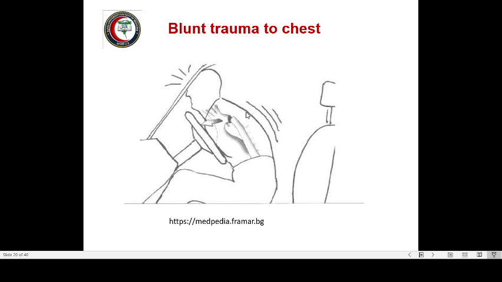When the car stops suddenly by front impact, the body continues to go forwards, and the fixed and mobile parts of the aorta suffer from this forward movement, causing tearing of the aorta at the junction between the thoracic aorta and the descending aorta, like this.